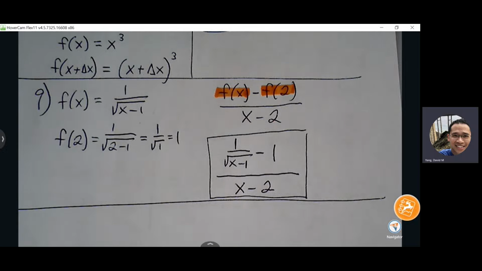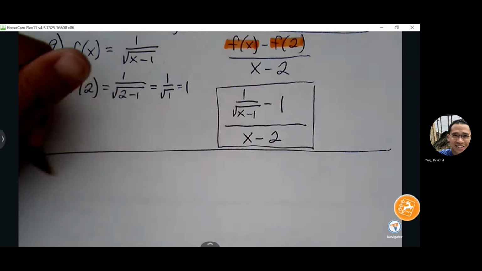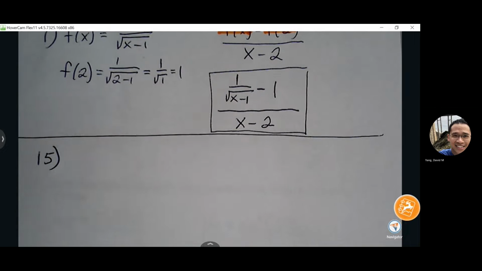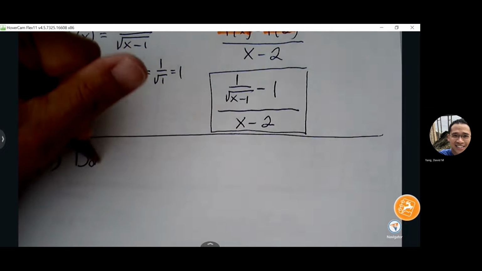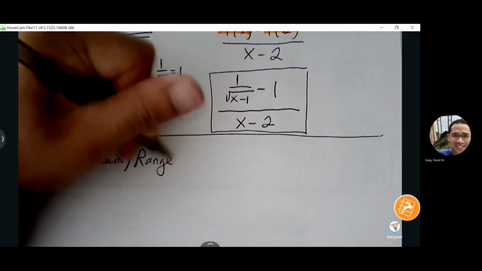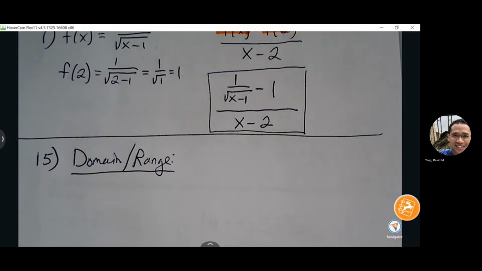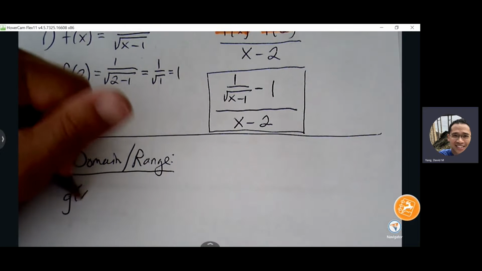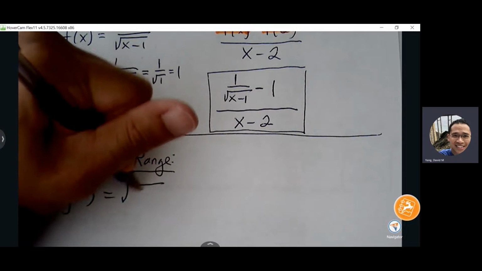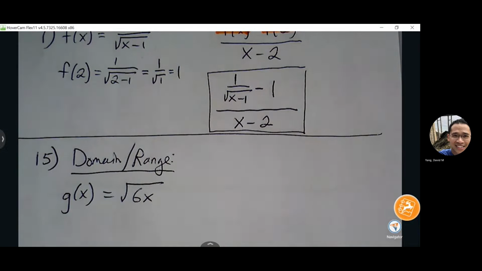Okay. Let's see, next 15. We want to figure out the domain and range for g of x equals square root of 6x.